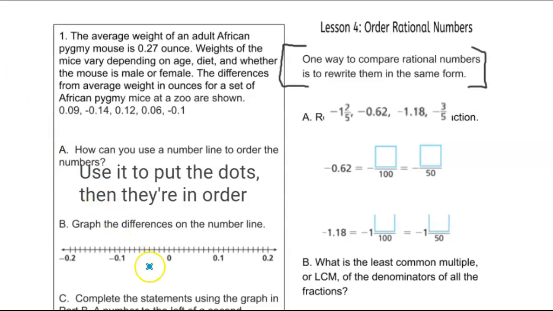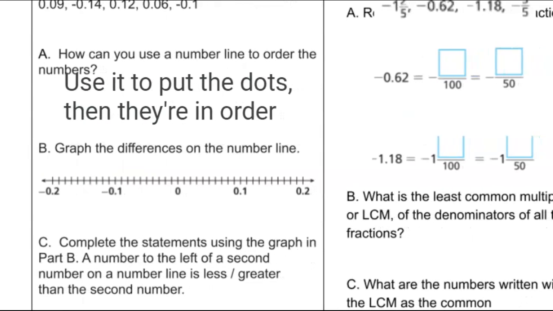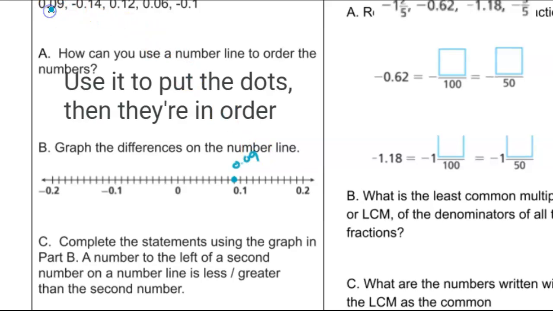Our first one is a positive 0.09. I'm zooming in because I'm having a hard time seeing this little guy right here. Okay, first one is 0.09. So we have 1, 2, 3, 4, 5, 6, 7, 8, 9. So this is 0.09. Our next one is negative 0.14.